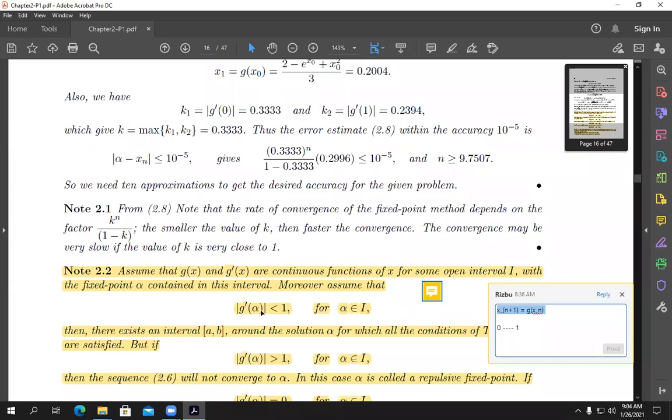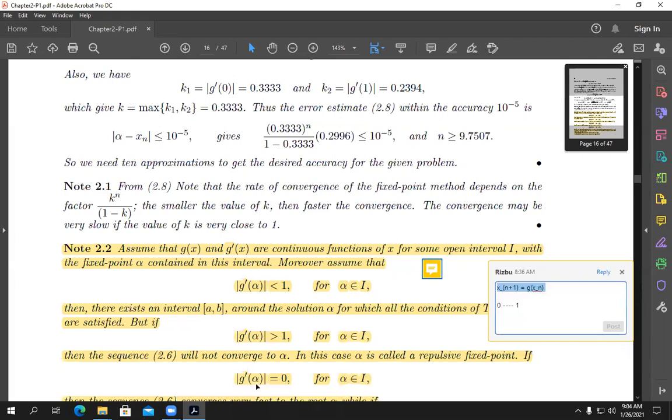Now, if the absolute value of g dash alpha is less than 1, then it is a 100% guarantee the method must converge. But if g dash alpha is greater than 1, then it is a 100% guarantee the method will diverge. Diverge means when you use the formula, the answers do not come inside the interval, which we don't want.